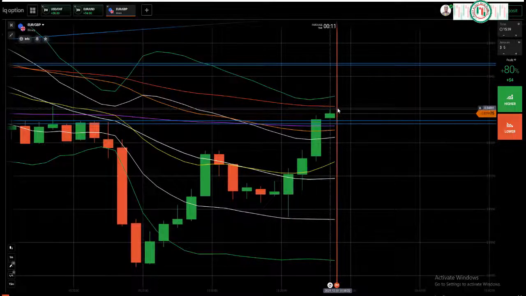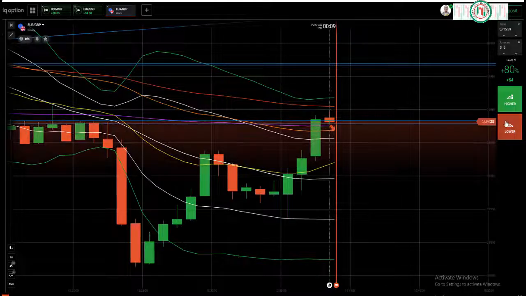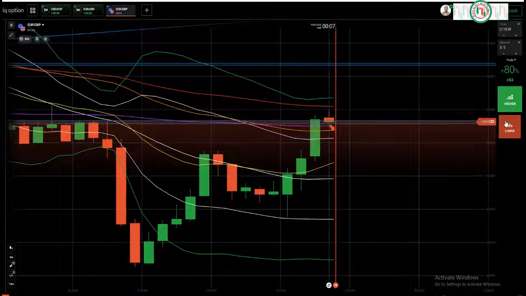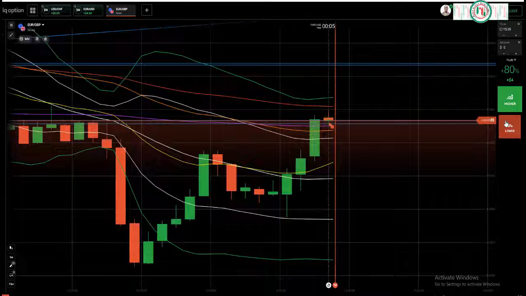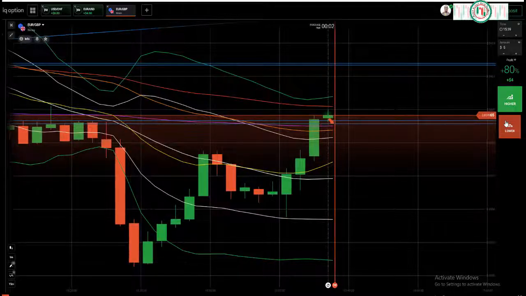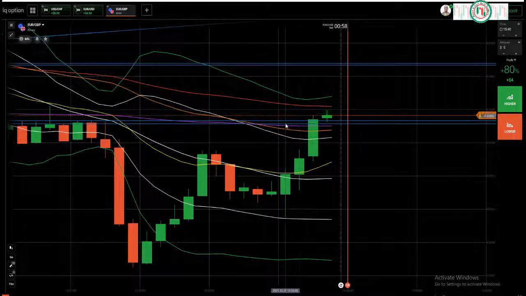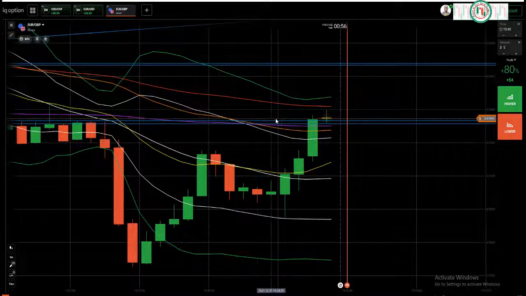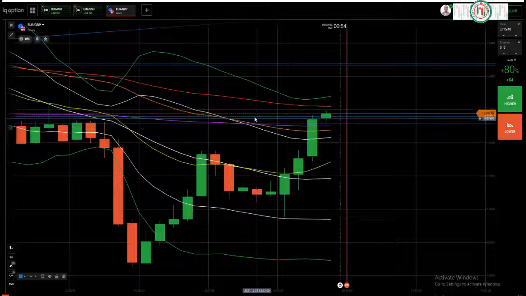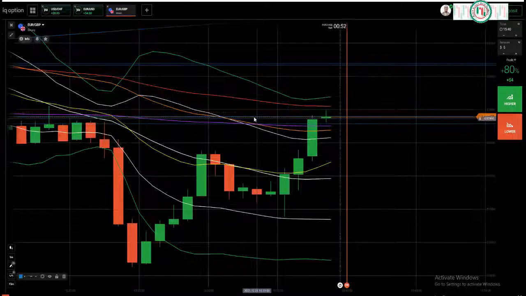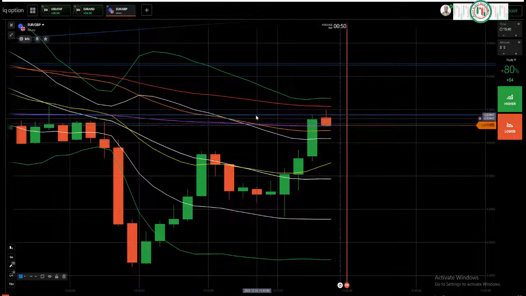Yes, no bias. So if I get a higher entry point, I will place a put option because I couldn't see any strong bias. Anyway, I will not place my trade now.